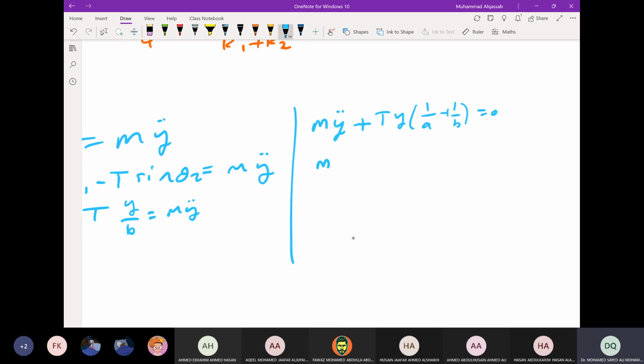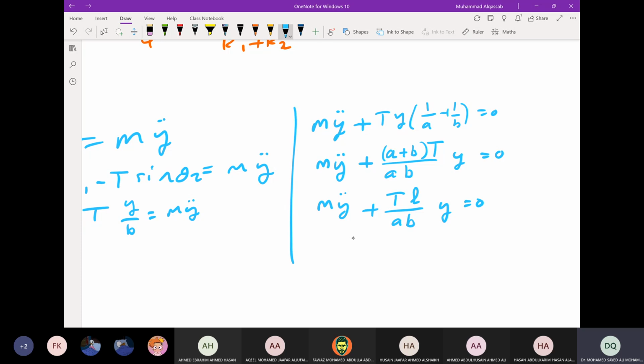So m y double dot plus, when you add 1 over a plus 1 over b, this will give us a plus b, which is L, divided by ab, times T times y equal to 0. So finally y double dot plus TL, where a plus b is L, over ab times y equal to 0.